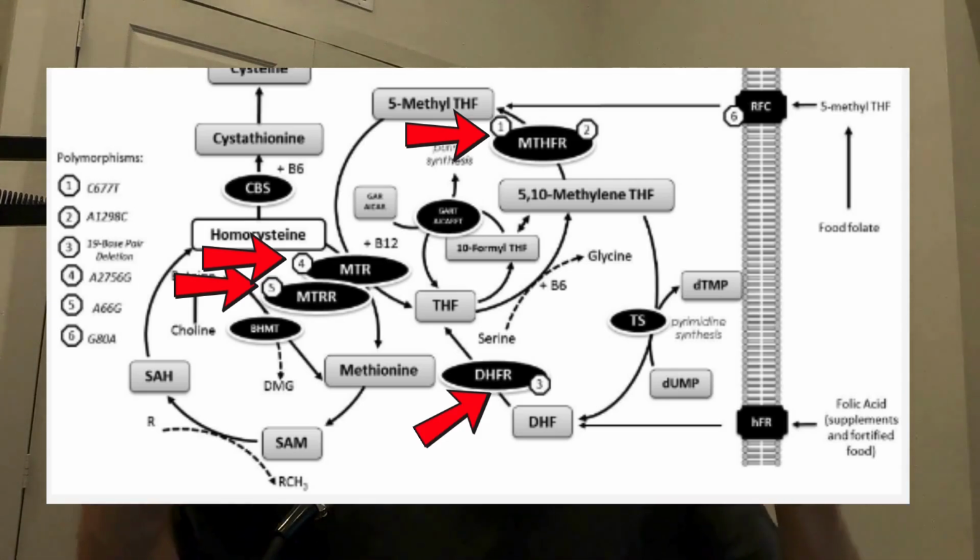There are various parts of these cycles where there are genetic mutations that are known that can impair the process and end with us having negative side effects.